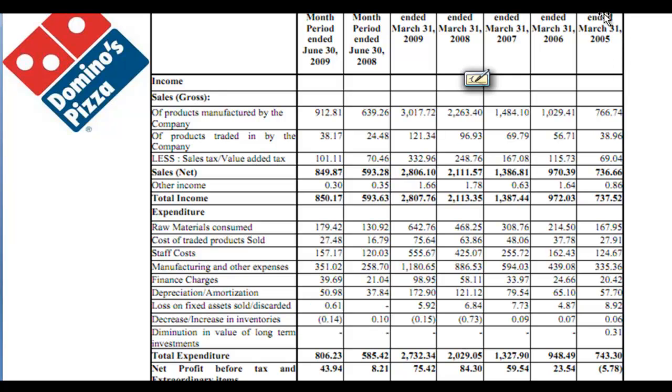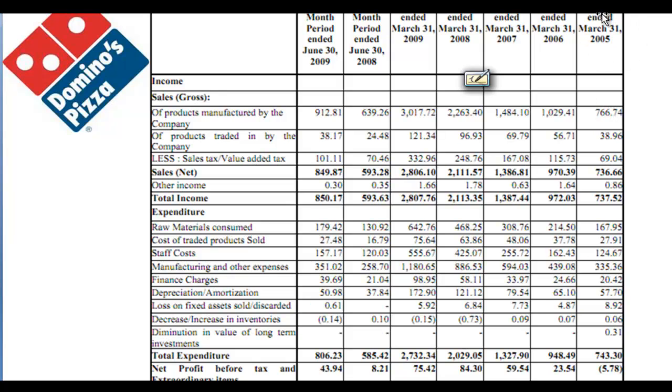So here you see this income statement. Here they have year ended March 31st, 2005. That means that is the yearly income statement. This column here is the yearly income statement of Domino's Pizza for 12 months ended March 31st. Before we get into financial year and all that, it's a little confusing because not all companies have their years starting in January and ending in December.